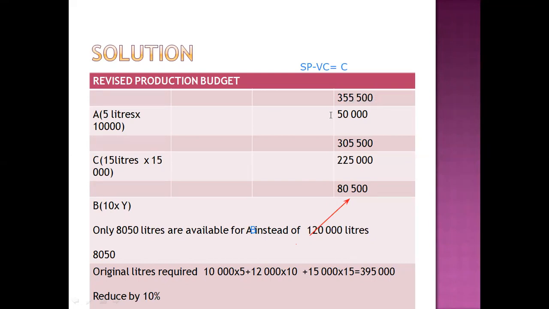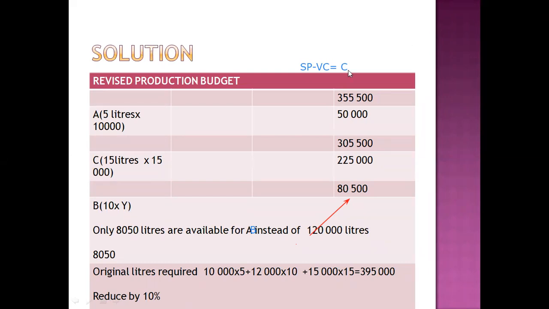Then we start to deduct the liters that are required by A, liters that are required by C. Then the remainder is 80,500 liters, which are not sufficient to cover the normal production of 120,000 liters that are required by B. Then we are supposed to reduce. Then we come up with the revised budget and we prepare the revised net profit for the year.